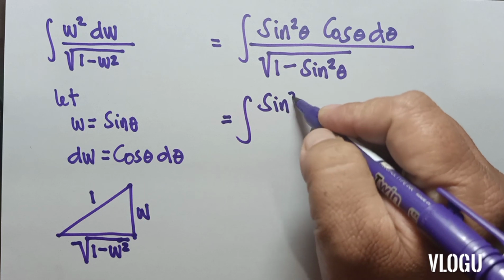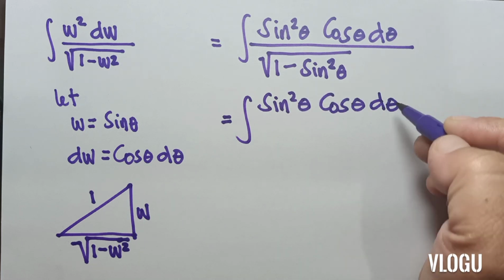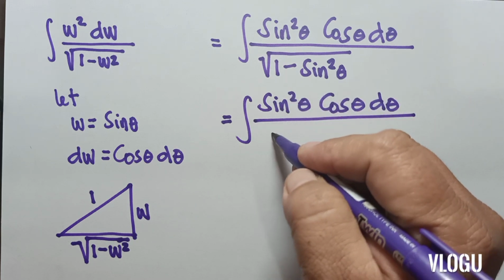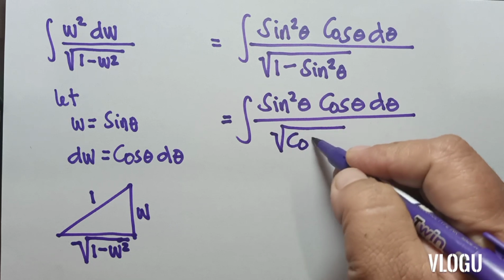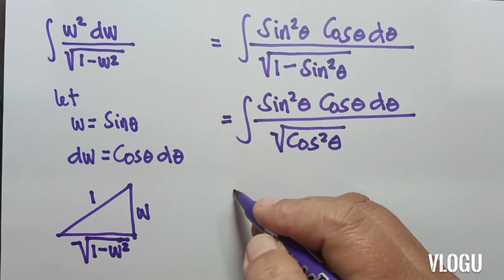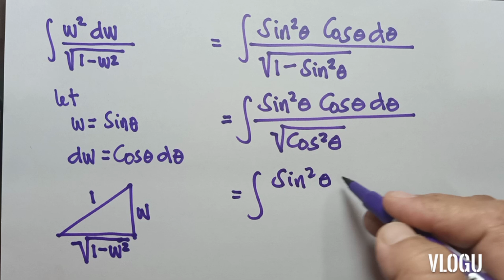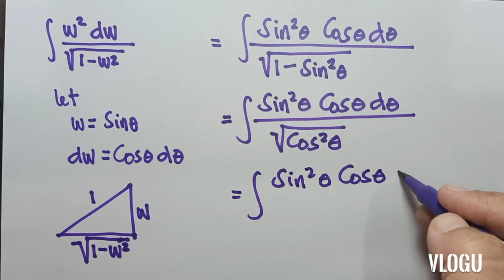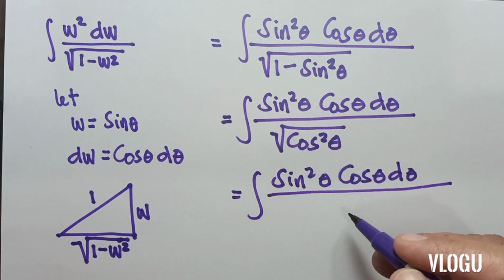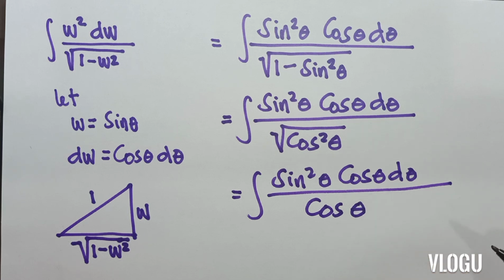So sine square theta cosine theta d theta over the square root of cosine square theta, and the square root of cosine square theta is equal to cosine theta.